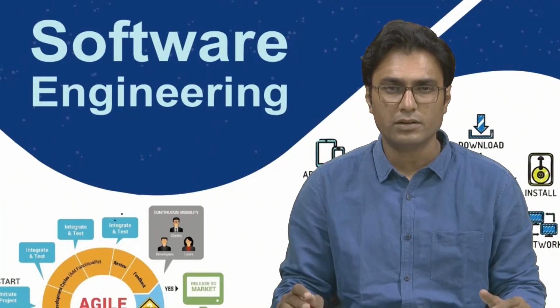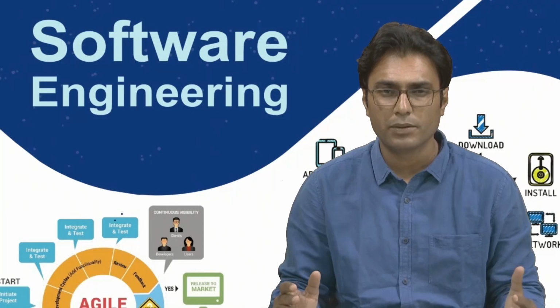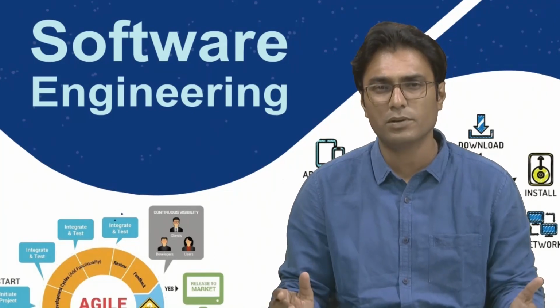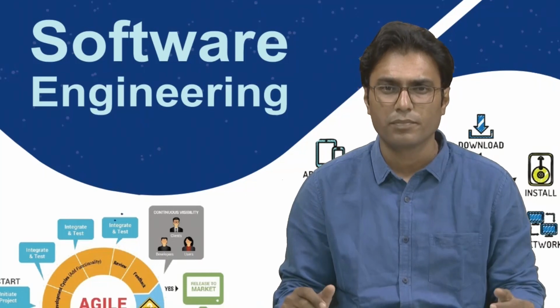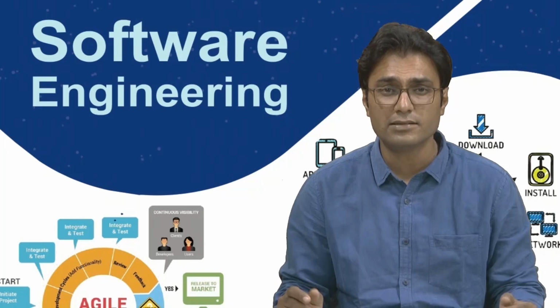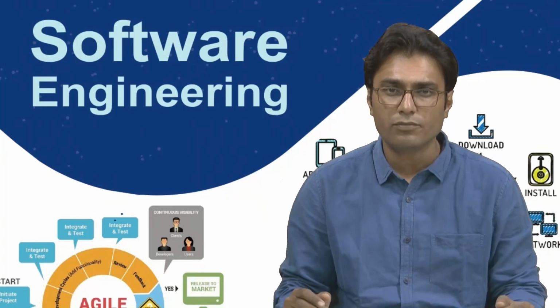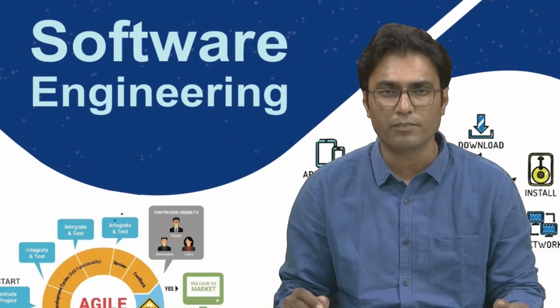So after completion of each and every topic, my dear students, let's sum up this unit. Software is the key element in any computer based systems. Over the past 60-70 years, software has evolved, yet we still have trouble developing high quality software.